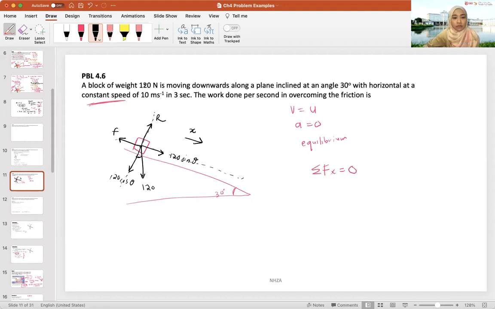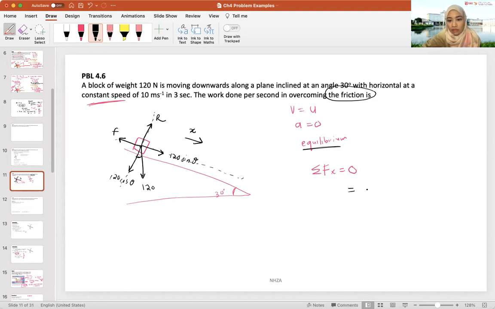Okay, so a block of weight moving downwards at constant speed, v equals to u, so a equals to 0. Therefore, we know that it is in equilibrium. So the net Fx is equal to 0. It is asking about friction, but we don't know what friction is. We know what friction is if we use this equation lah, but we don't know what the work done is. So let's try to figure this out. Net Fx is equal to 0. What do I know here?